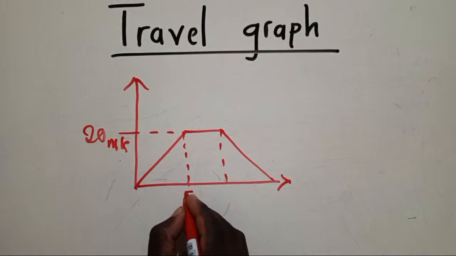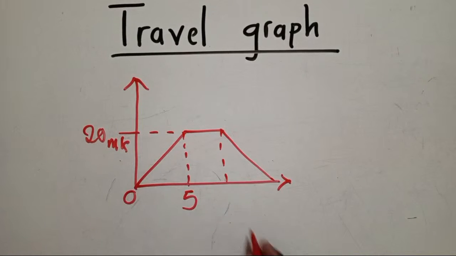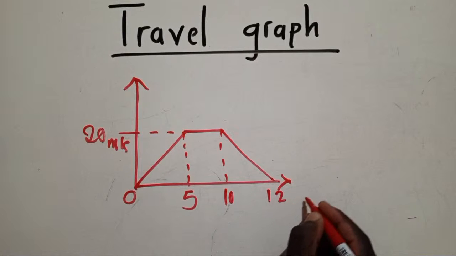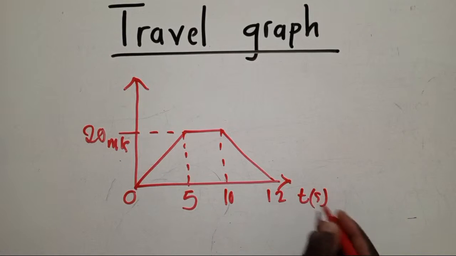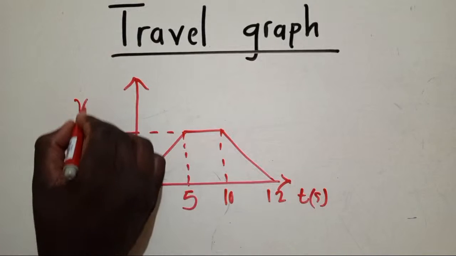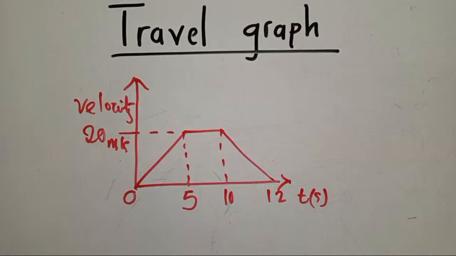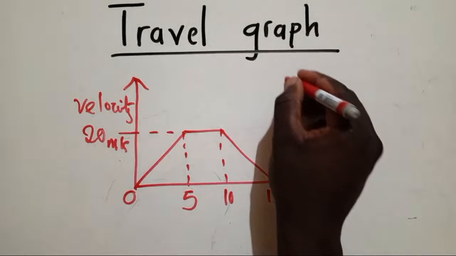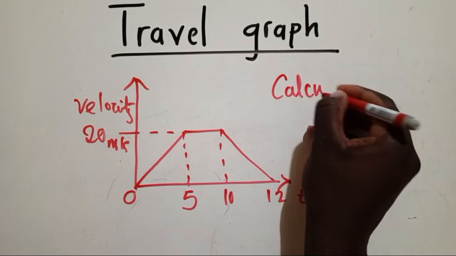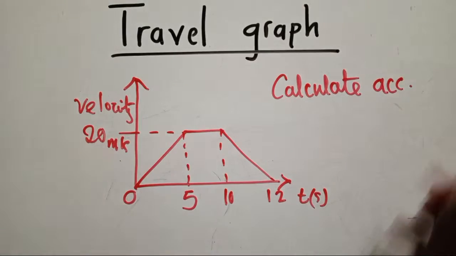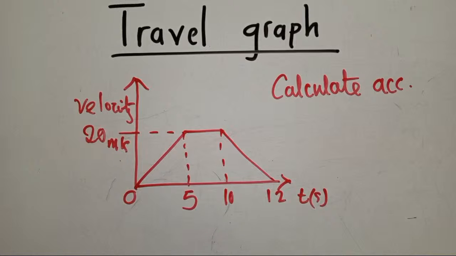You've got, let's say, 5, 0. Here maybe we shall say 10 and 12. So this is time, and this side is velocity. Okay, and they ask you to calculate acceleration.